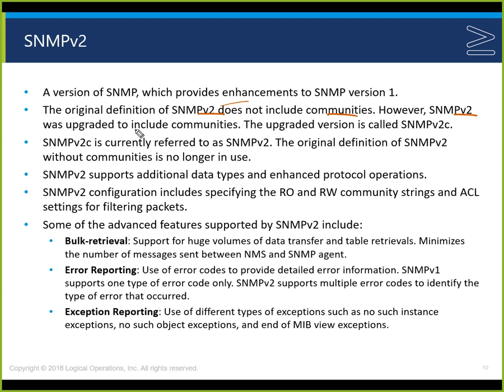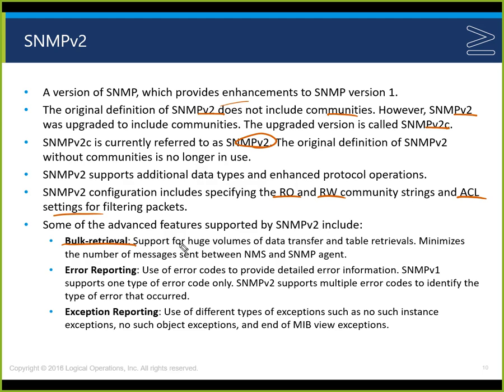SNMP version 2 was upgraded to include them, and this is SNMP 2C. We usually just call it SNMP version 2. The original definition without communities is no longer in use. It supports additional data types, enhanced protocol operations, specifying the read-only and the read-write community strings, and access control list settings for filtering packets.